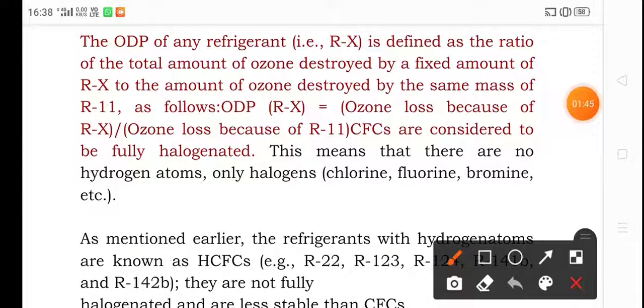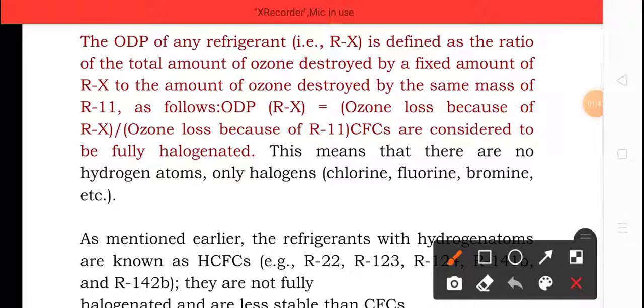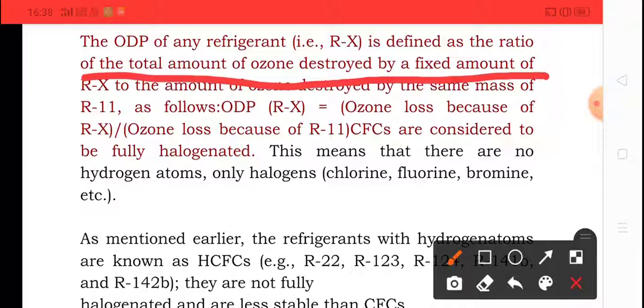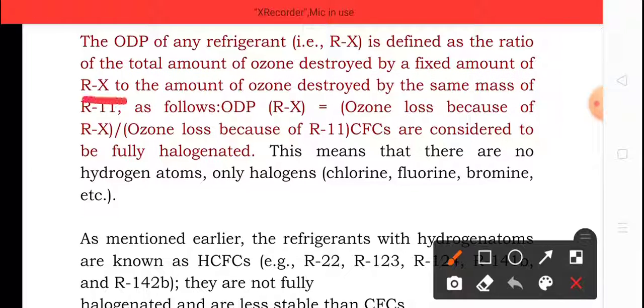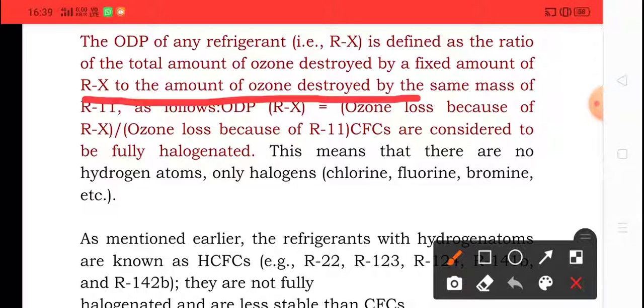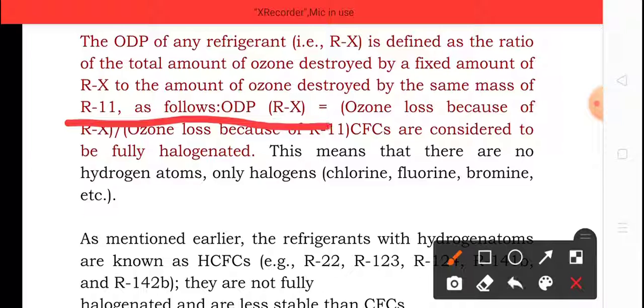Here the definition of ozone depletion potential is given. I am reading, just listen. The ODP of any refrigerant is defined as the ratio of the total amount of ozone destroyed by a fixed amount of refrigerant to the amount of ozone destroyed by the same mass of R11, as follows.